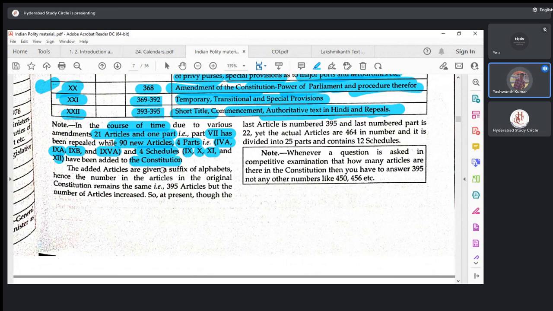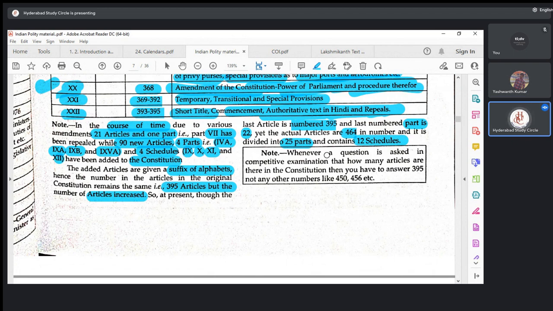The added articles are given a suffix of alphabet, hence the numbering in the original Constitution remains the same, that is 395 articles, but the number of articles increased. So at present, though the last article is numbered 395 and the last numbered part is 22, the actual articles are 464 in number, divided into 25 parts, and containing 12 schedules.